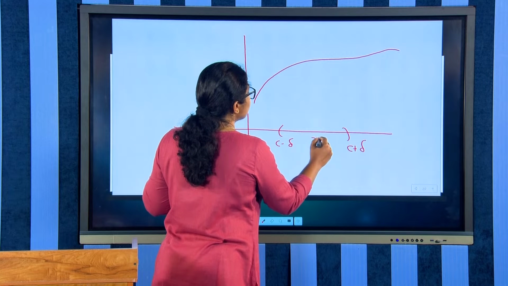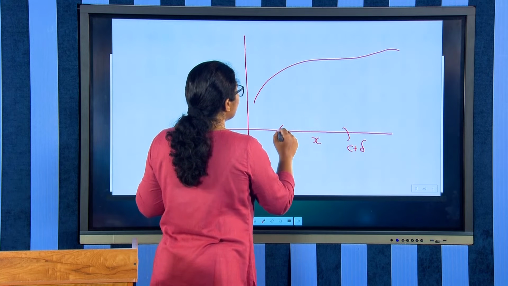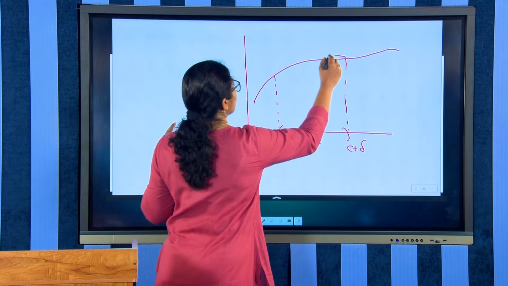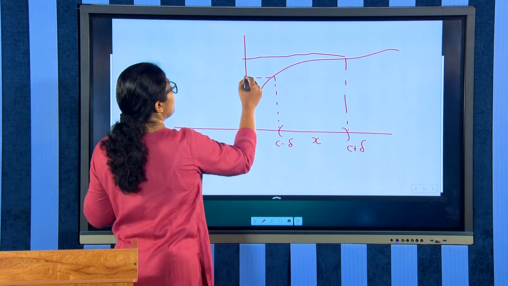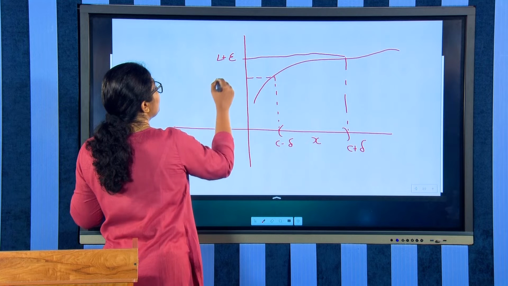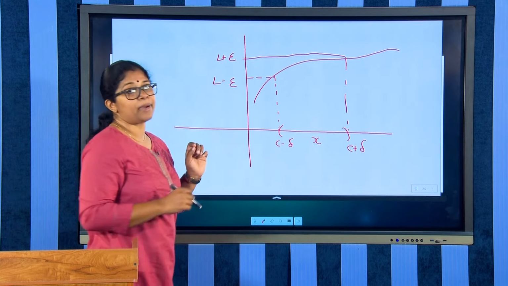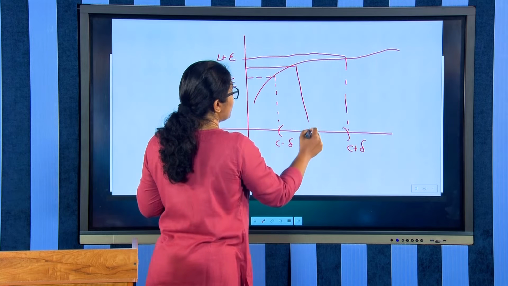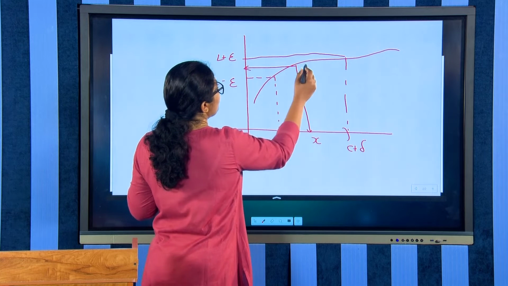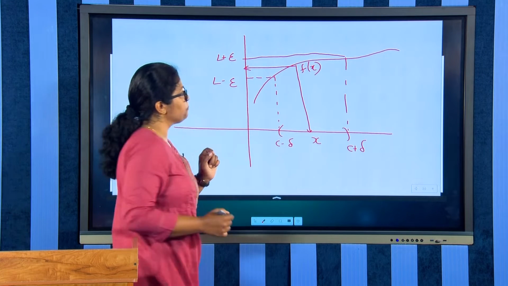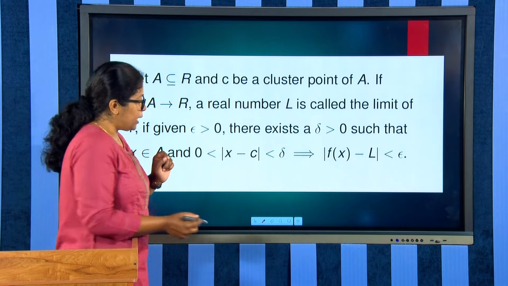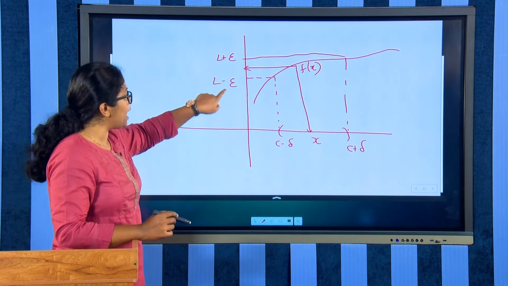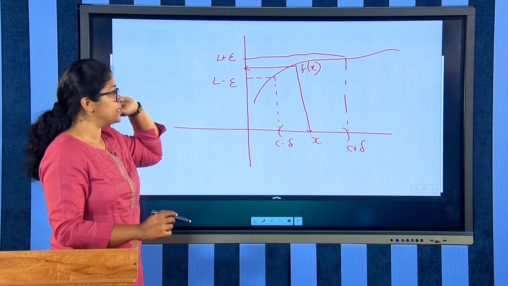Whenever x belongs to this interval, your f of x should lie between L plus epsilon and L minus epsilon. Somewhere here your f of x should lie. Whenever x belongs to this interval, f of x should be somewhere between L minus epsilon and L plus epsilon.